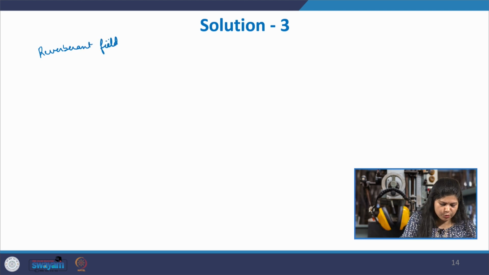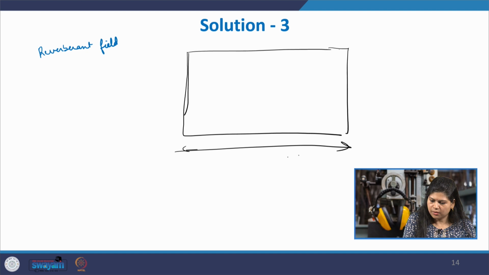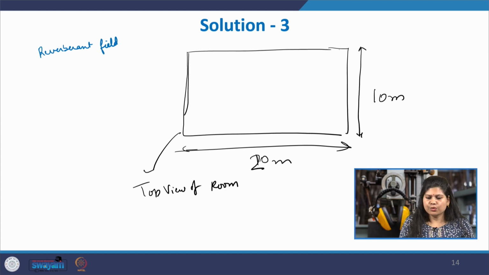In that same room, if I draw the layout again, this is the top view of the room and this is the small machinery source.